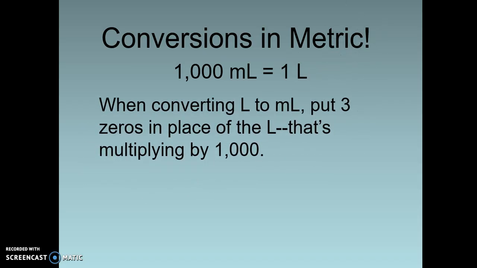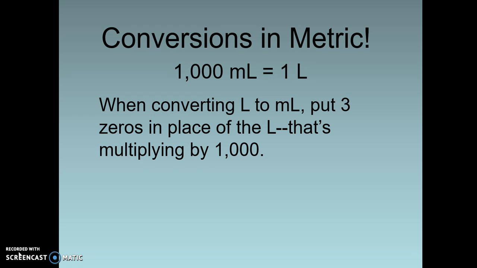When converting liters to milliliters, all you have to do is put 3 zeros in its place. What you're really doing is multiplying by 1,000, which we'll talk about later when we get into converting units of measurement. But for now, just understand that 1,000 tiny soda pop bubbles are your milliliters, and they equal 1 liter bottle of Coke, which is your big, full bottle.